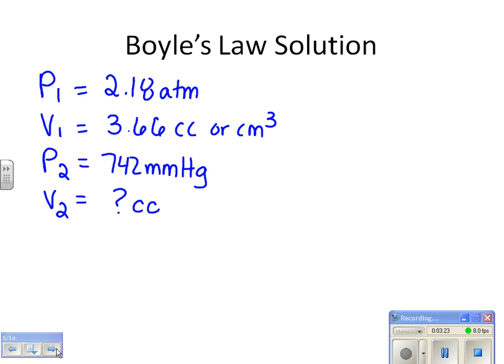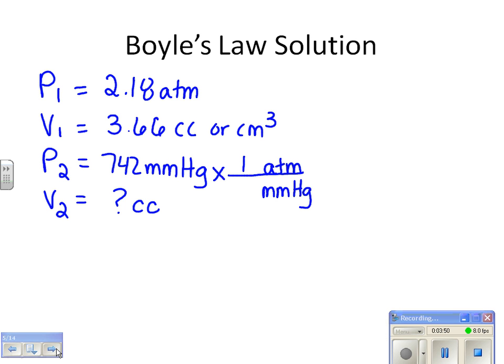Okay, what do you have to notice? You have to notice that the pressures are different. The first pressure is in atmospheres, the second pressure is in millimeters of mercury. So we are going to convert millimeters of mercury to atmospheres because we like to work in atmospheres. A lot of problems will be in atmospheres. What's the conversion factor? You have it on the previous slide. Since we want millimeters of mercury to cancel, we put them in the denominator.